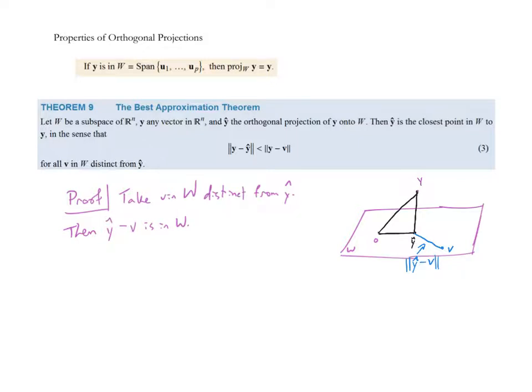Now let's go back to the wordy part of the proof. We're going to say next by Theorem 8, y minus y hat is orthogonal, this is just straight up what the theorem says, is orthogonal to W, and y minus y hat is also orthogonal to y hat minus v.